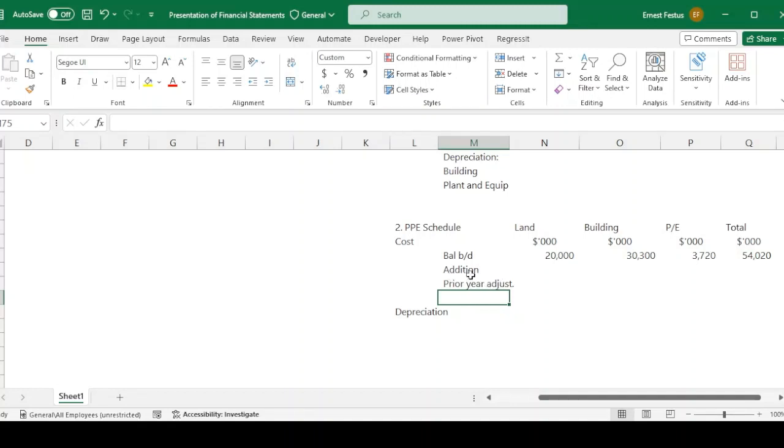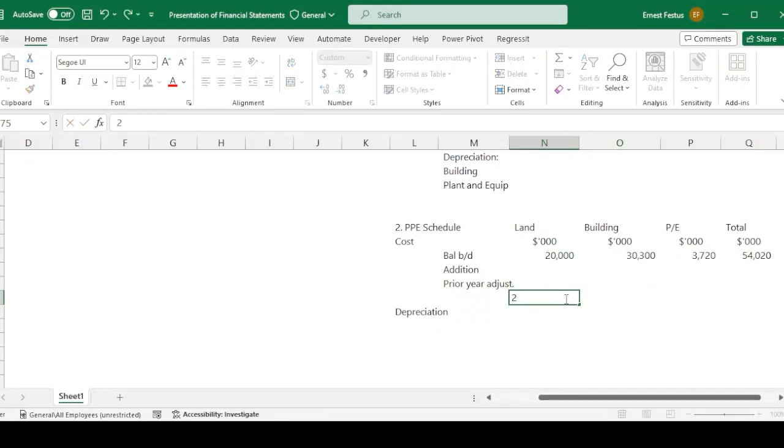So if we buy any land during the year, or any plants and equipment during the year, the value would have been added. Or if there are any prior year adjustments which we are supposed to correct or adjust for the cost of the item before we apply the current year's depreciation, we will do everything in this particular schedule. But in our case, we don't have any of those things, and so the value of the assets remains the same.